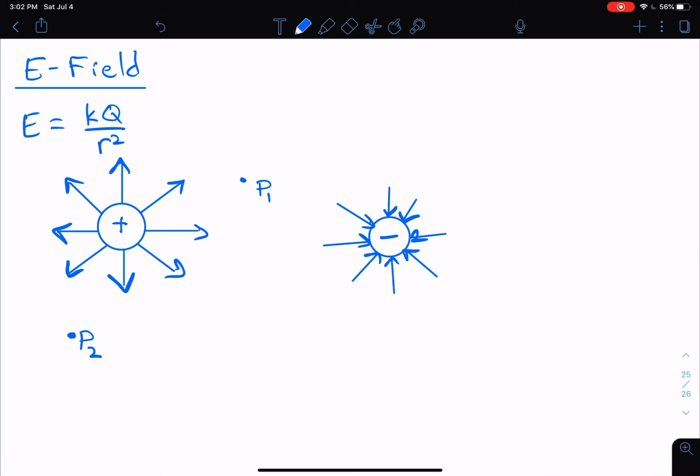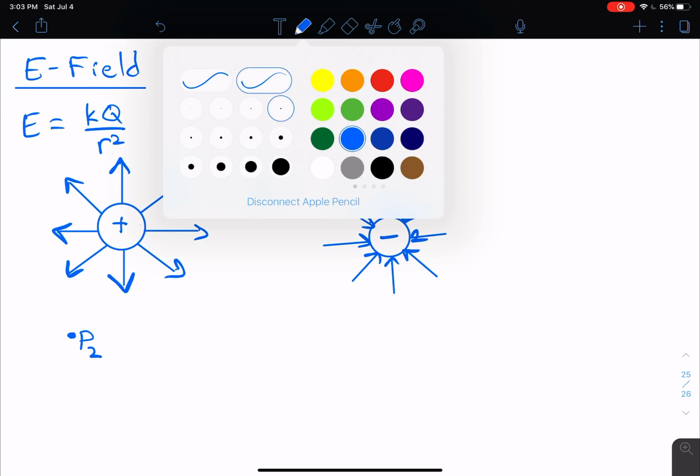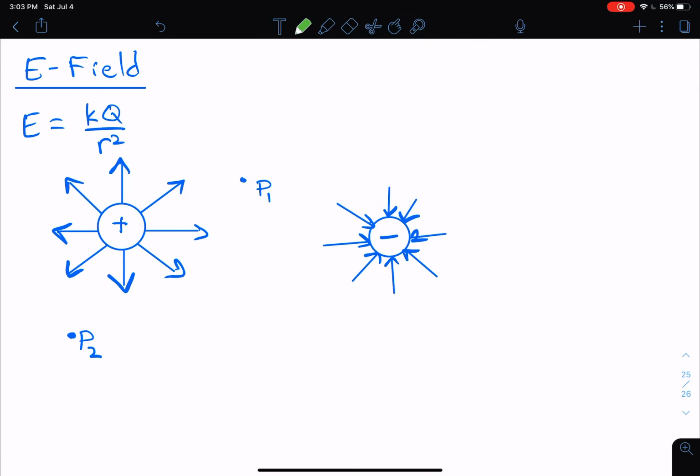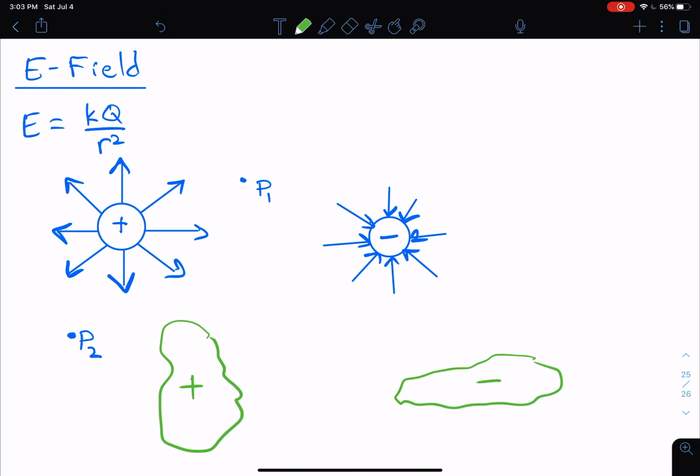You could have, for example, let me do this in a different color. I could have some kind of strange shape like that. That could be positively charged, and this could be negatively charged. And my E field could do something like this.